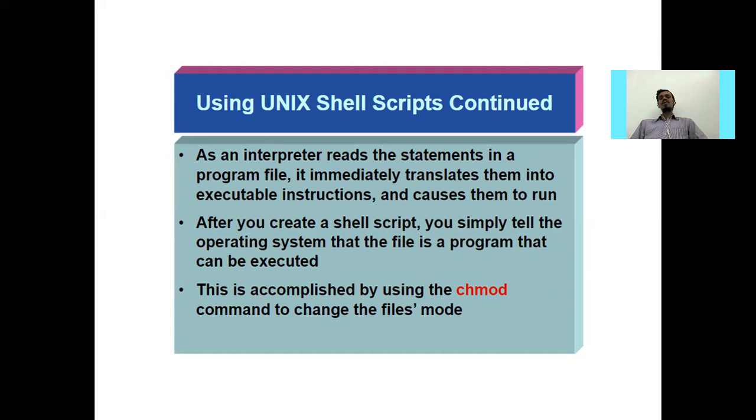The extension of the executable file is .sh, and this is accomplished by using the chmod command. The chmod command gives permission to execute the program file on the Unix operating system.